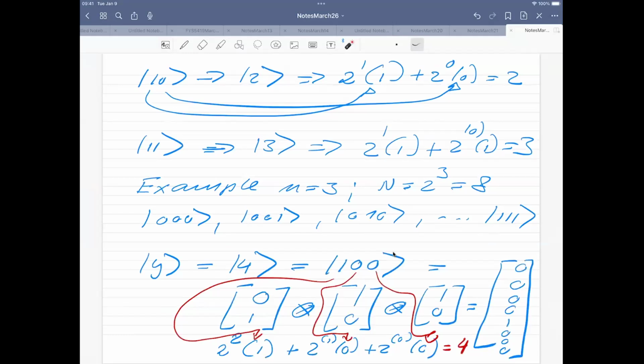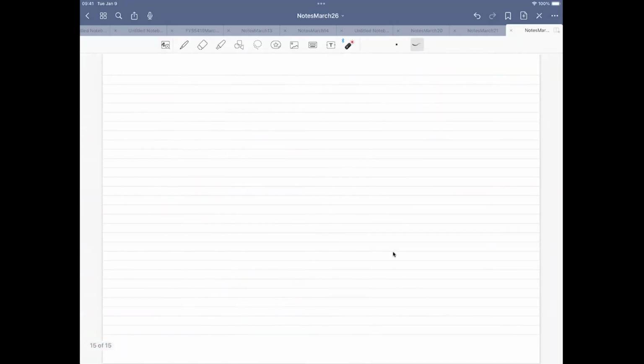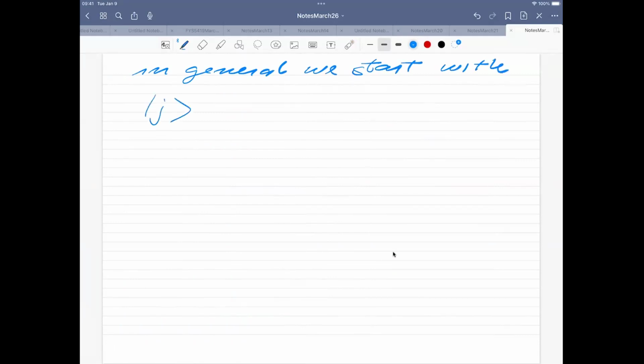So this means that in general, if we look at the general expression, where we started, we started with this expression. So we have a state J, which now for the 3-qubit case could be the states from 0 up to 7, 8 states.